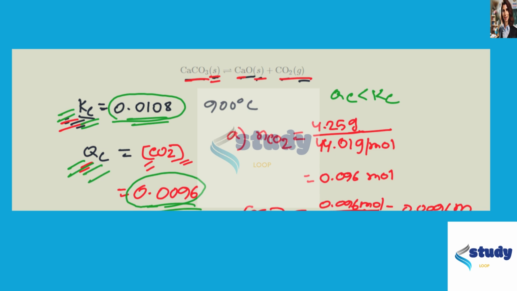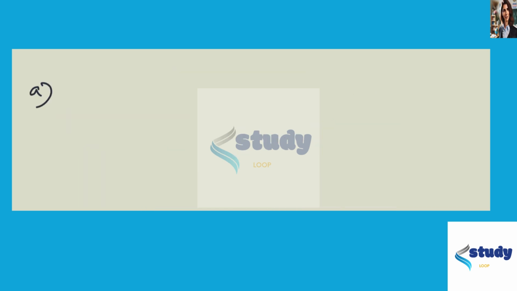And to increase Qc, we have to increase the concentration of CO2. And to increase the concentration of CO2, we need more calcium carbonate to decompose. That means in case of part A, to reach equilibrium, the amount of calcium carbonate will decrease. So the answer to A is that the amount of calcium carbonate will decrease.